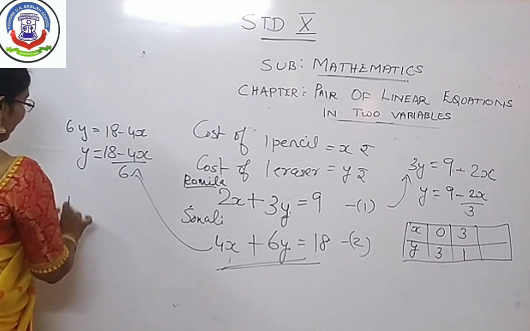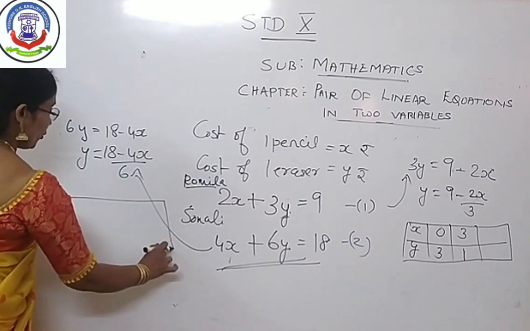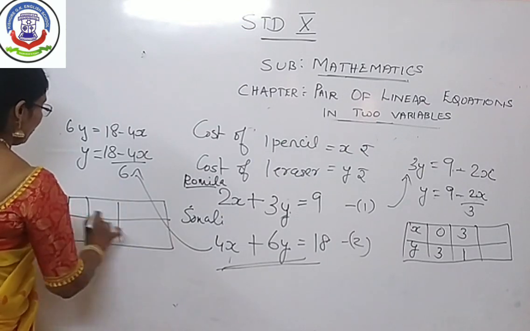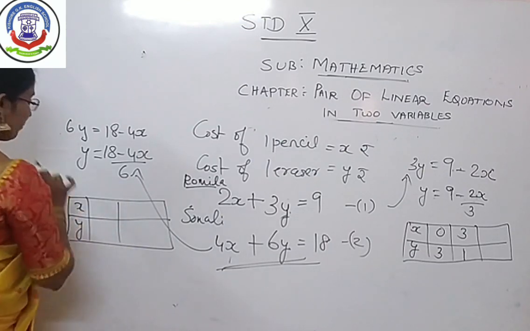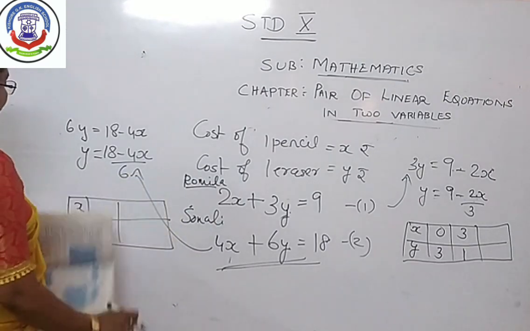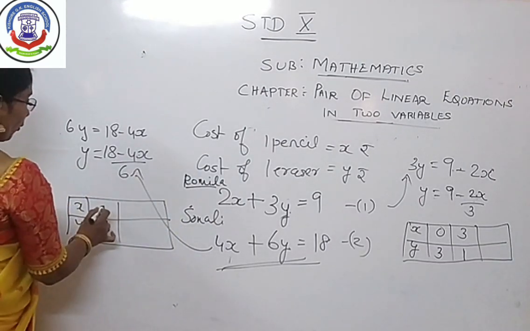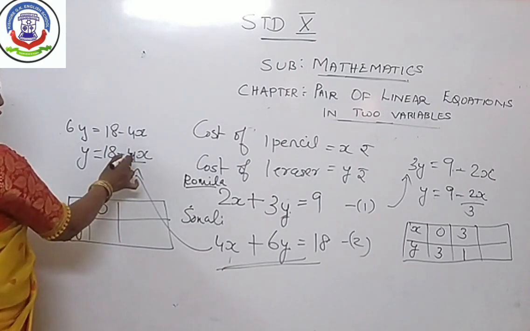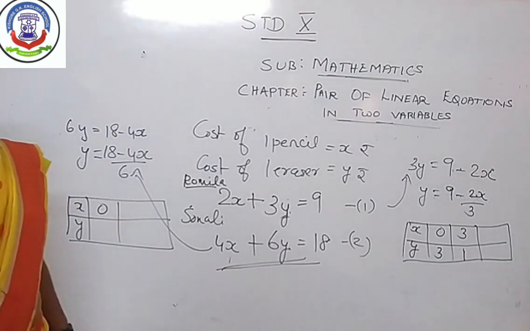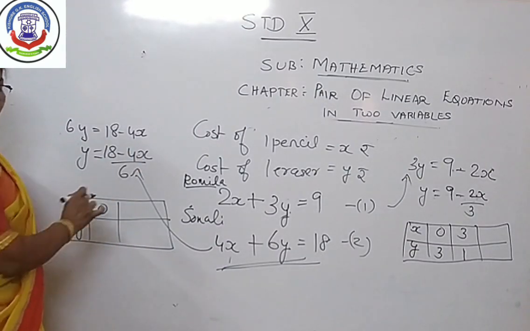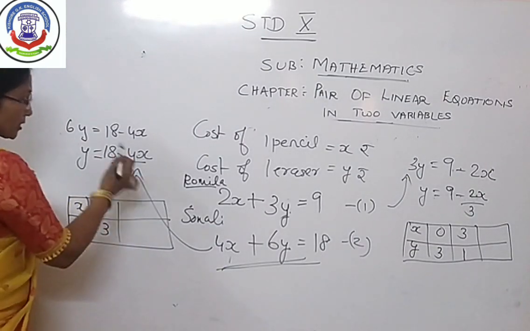Now, let us tabulate the solutions in this column. Two solutions only I am going to make, x and y. Here I can take x is equal to again 0. If I am putting x is equal to 0 here also, 4 into 0 is 0, and 18 minus 0 is 18. So 18 upon 6 is 3.